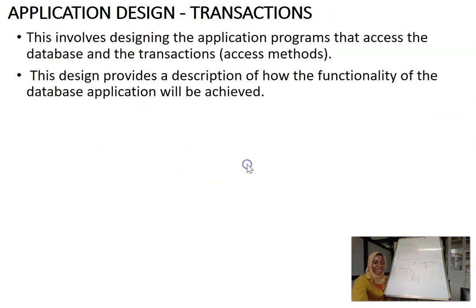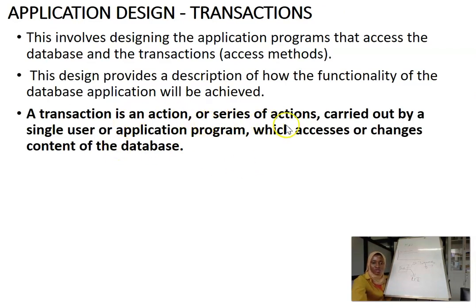So I said that a transaction is an action or a series of actions that are carried out by a user or an application program which accesses or changes the content of the database, and the content of the database can be changed either through deletion or updating the data that is in the database.